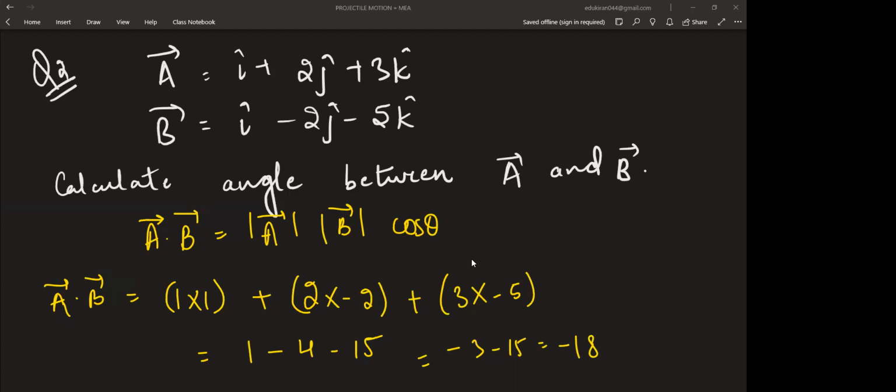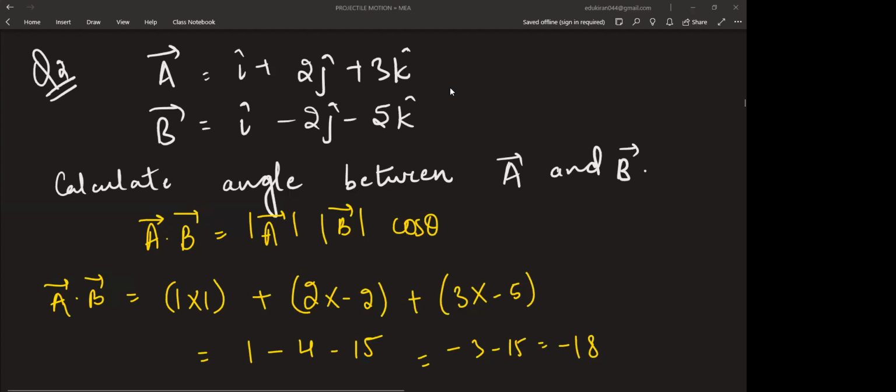Yes, Zainab, tell me the magnitude of this vector A, and Shaima, you tell me the magnitude of this vector B. Okay, Zainab has calculated.